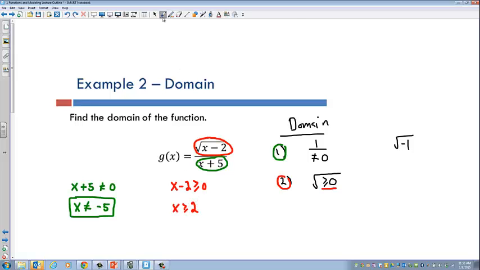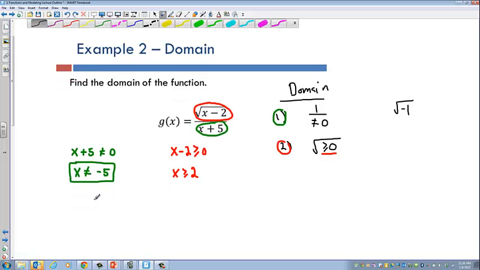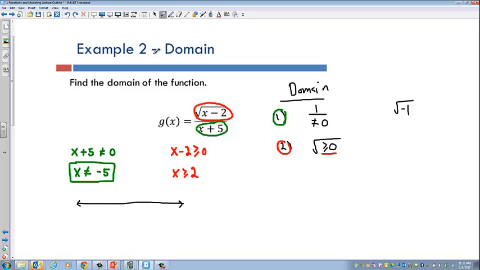Now when I write down the domain, I like to do this intermediate step where I draw this on the number line. On the number line, I know that x cannot be equal to negative 5. So over here, I have negative 5, and there's a hole there.